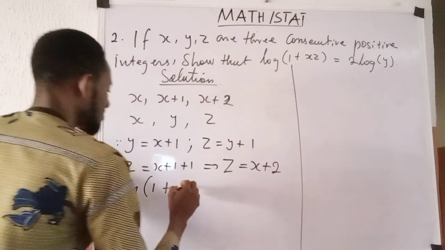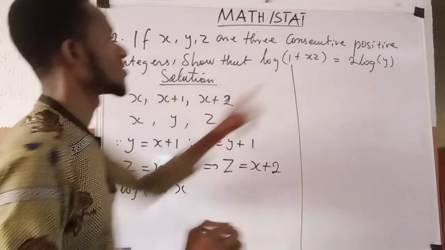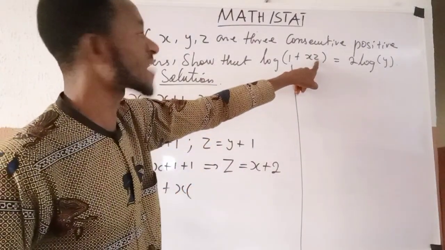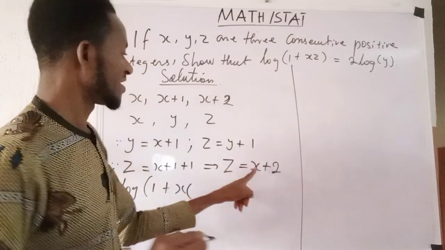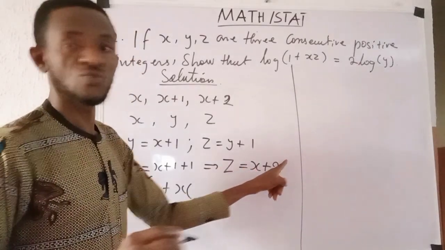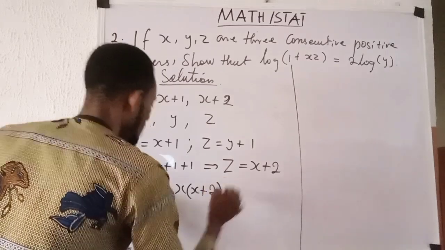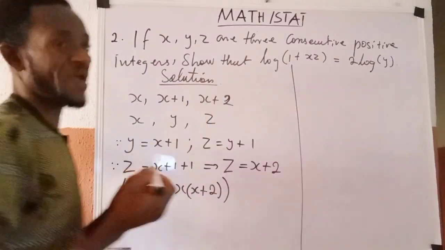So I'll write x the way it is. I open a bracket. This z that you are seeing is x plus 2, so I'll write x plus 2 and close the bracket.